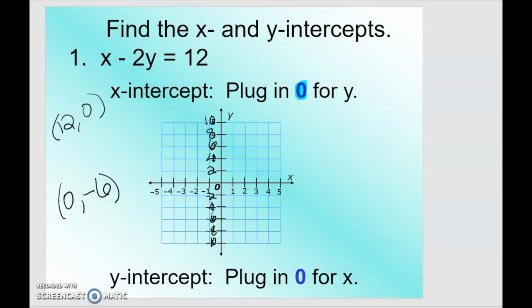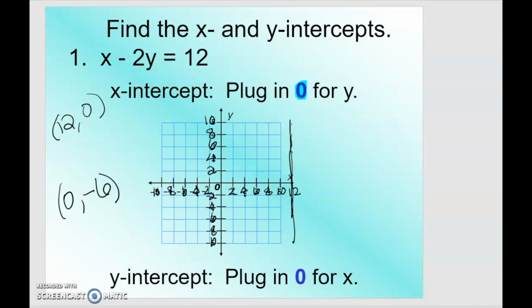Same thing for my x's: 2, 4, 6, 8, 10, and if I needed to, I could add another line over here, 12, and then negative 2, negative 4, negative 6, negative 8, negative 10. So you're allowed to adjust your scale.